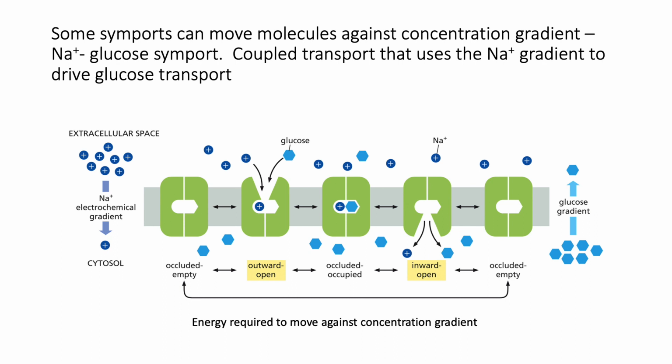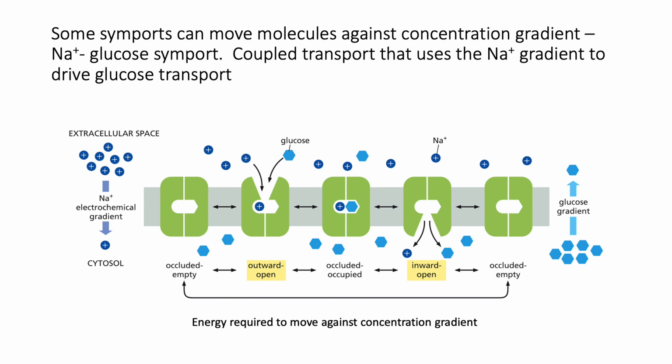But if you look on the left-hand side, the plus, that's the sodium, there's an electrochemical gradient where you have the high concentration of sodium on the outside, low on the inside, and so it would move according to the concentration gradient from outside the cell to the inside in the direction of the arrow. While the glucose, which is shown on the right-hand side, is a high concentration on the inside. So if it was moving according to the concentration gradient, it would move out of the cell.